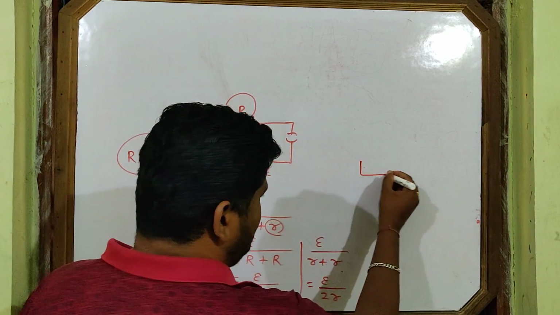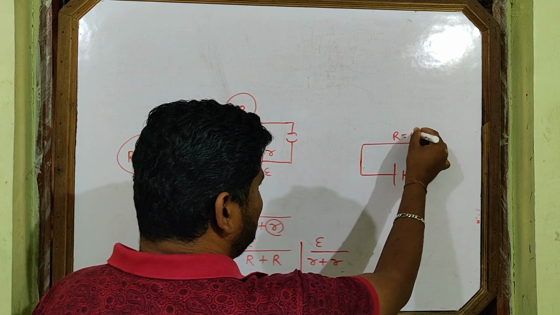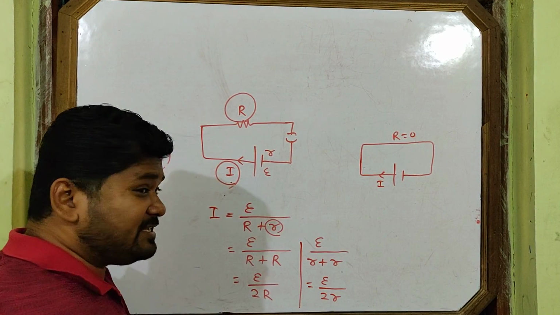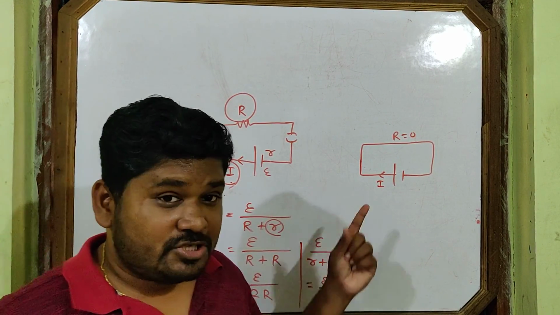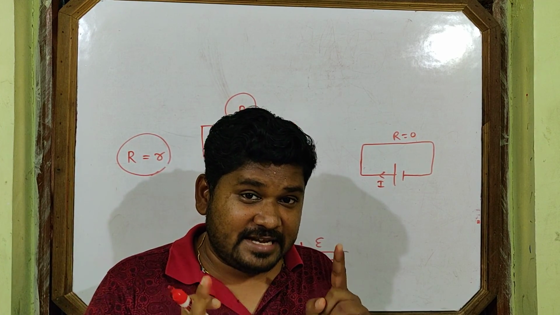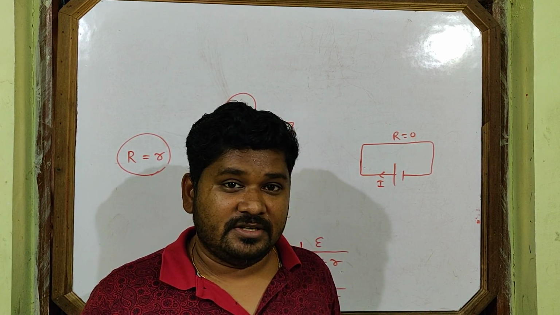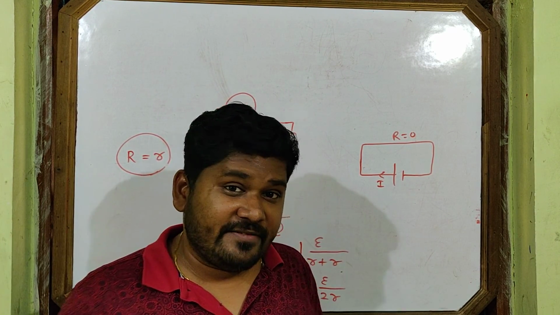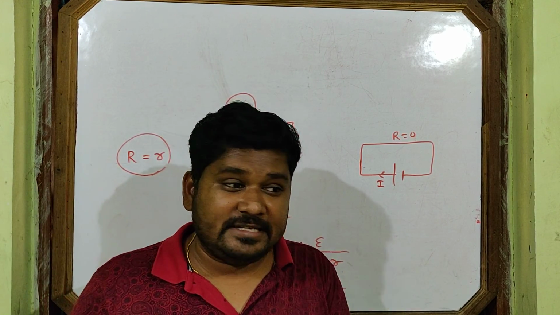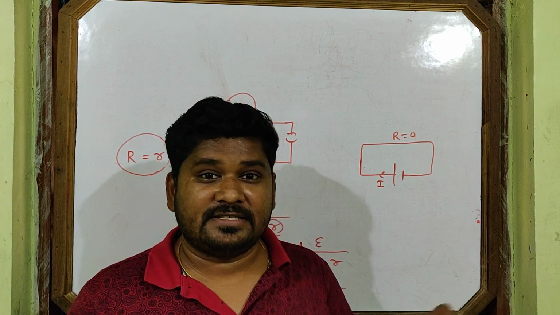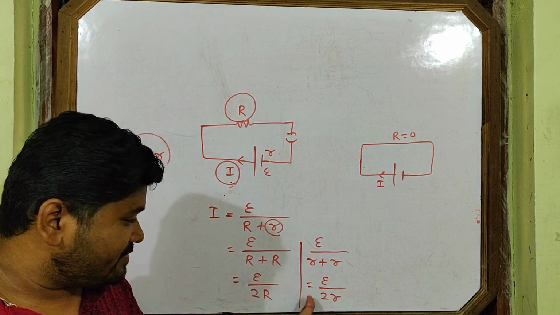The same situation as the short circuit current I told you before: if no resistor is there, the current will be even more maximum. So you have to see the question. When maximum current is asked, see whether external resistance is connected or not. If the question says one cell of EMF E and internal resistance R is connected to an external resistance, find the maximum current which can be drawn from the cell, then this is the expression.